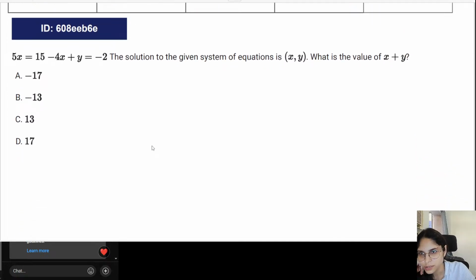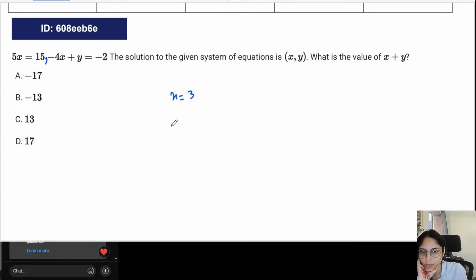So 5x equals 15. Next, 4x, that means this is going to be the second equation. From here we can also use decimals, but you can directly see 5x equals 15, so x is going to be 3.